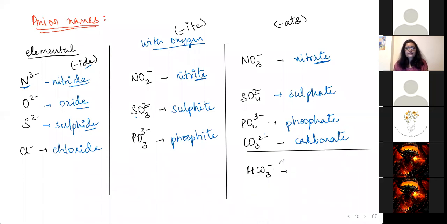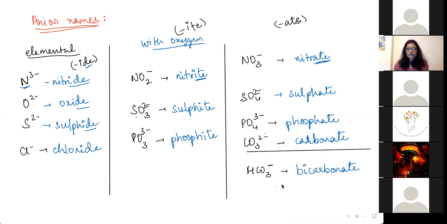Then you just add a bi to it. So CO3 2 minus is carbonate. Because there's an extra hydrogen, this becomes bicarbonate. Sometimes this is also called hydrogen carbonate, like sodium hydrogen carbonate, magnesium hydrogen carbonate, that's all.